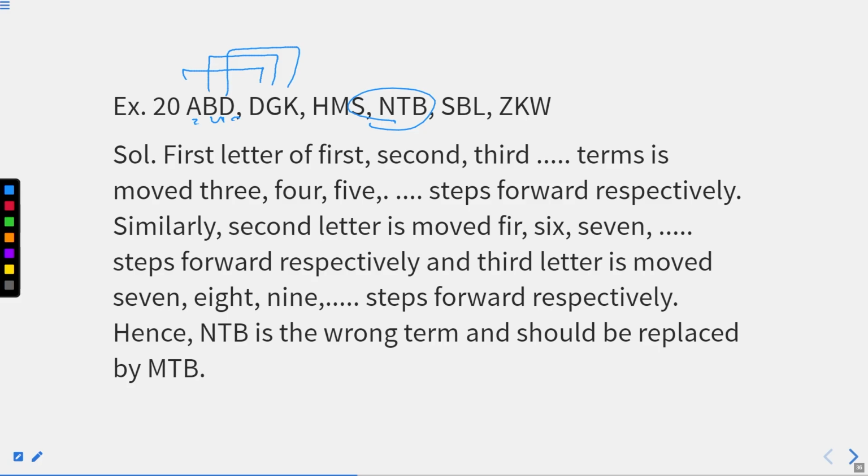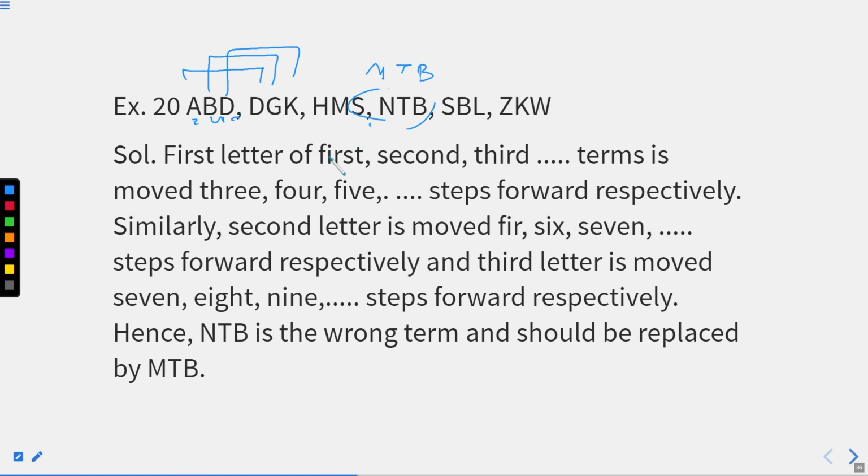It should be replaced with MTB. Because the difference between H and M is going to be much larger, right? So instead of that, we are getting M.